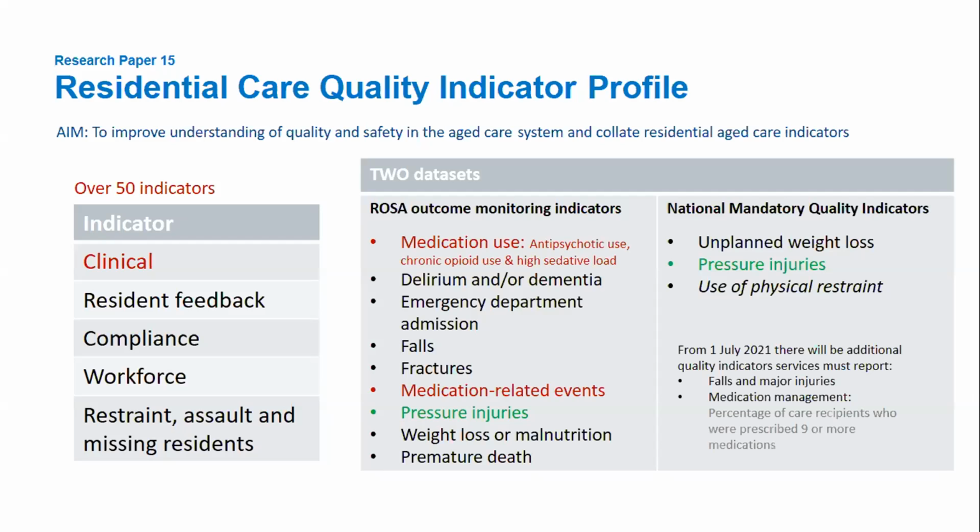Just as an aside, for those that work in aged care, the National Mandatory Quality Indicator program next year will include, in addition to unplanned weight loss, pressure injuries, and use of physical restraint, falls and major injuries and medication management. Medication management is the percentage of care recipients who are prescribed 9 or more medications.